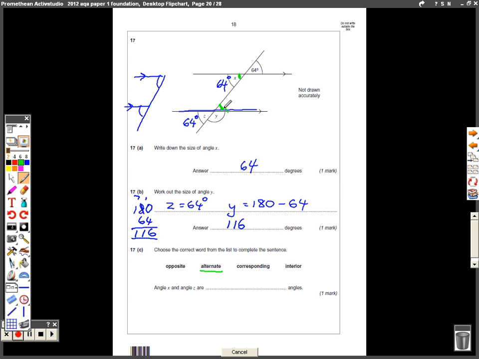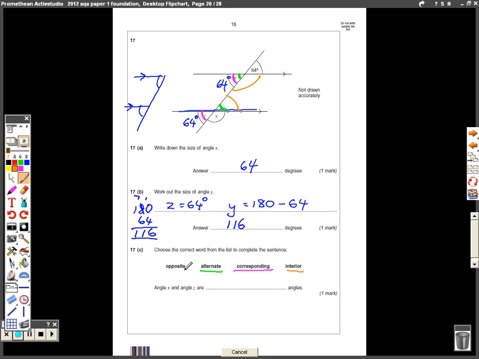These two angles are alternate. Corresponding is what I was talking about just now, and in pink I've got that angle there and that angle there. They correspond. And interior, that means they're on the inside, so this angle here and this angle here are interior or allied angles. They will add up to 180 degrees.